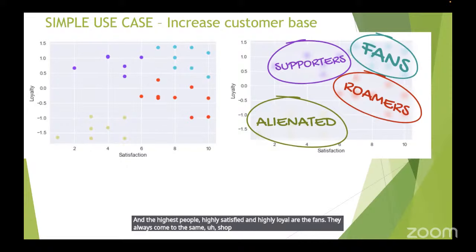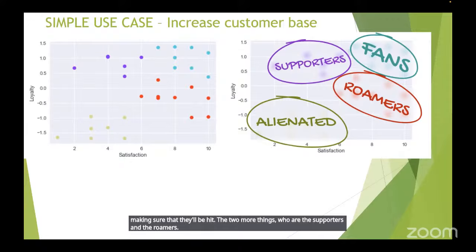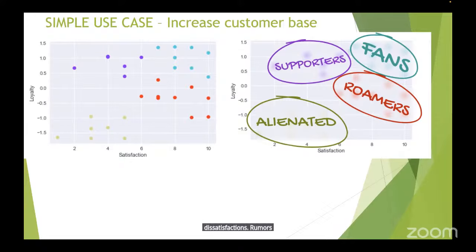I don't worry about them because they are loyal; I'll always make sure they'll be here. The two more are the supporters and the roamers. Supporters are very loyal, but they have some dissatisfaction. Roamers are very satisfied, but they are disloyal. They'll be jumping between shops. They think, I like the product, but I'm not loyal to you. That's how the roamers come about. So my goal is to convert the supporters and roamers into fans so that my customer base is increased.